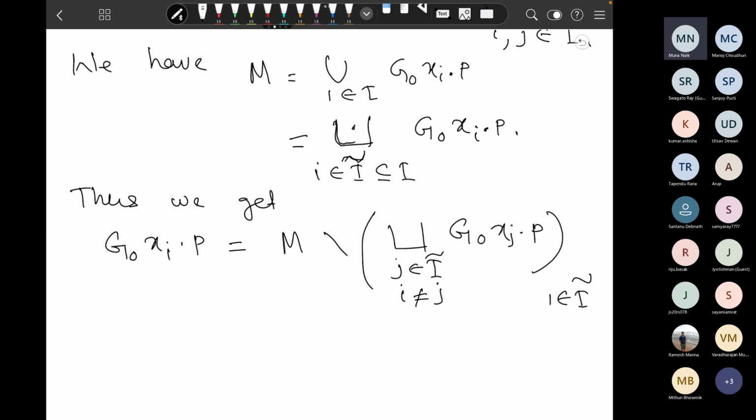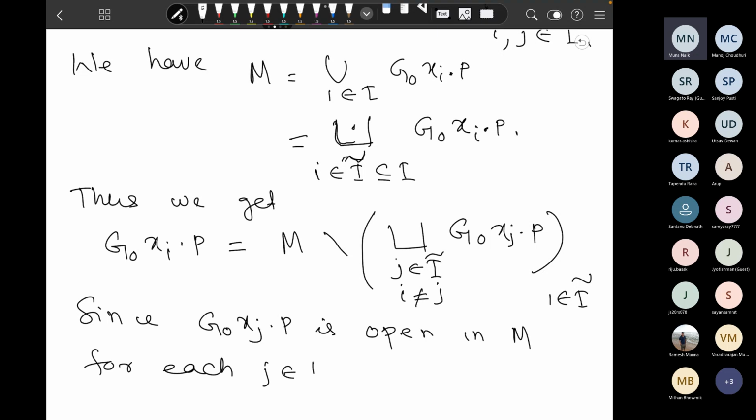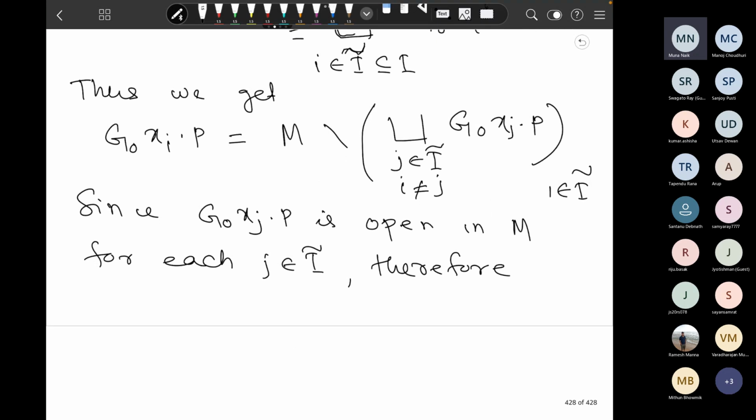Now since each G naught xj dot p is open, the union is open, and therefore G naught xi dot p is also closed. This happens for any i belongs to I tilde.